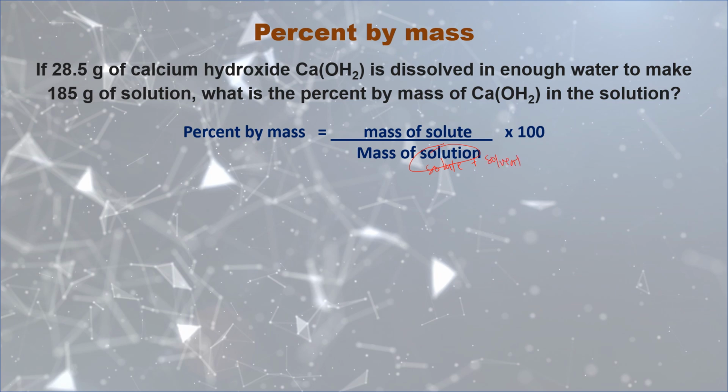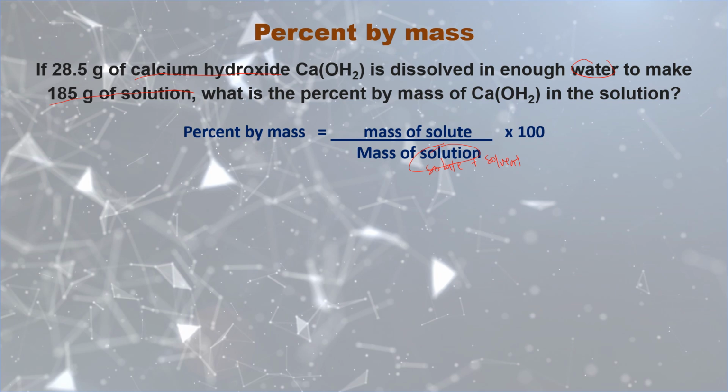Don't forget that. So in this problem, we have here the mass of solute. Our solute in here is obviously the calcium hydroxide. And of course, our solvent is the water, which is already in a solution in here because it already stated 185 grams of solution.